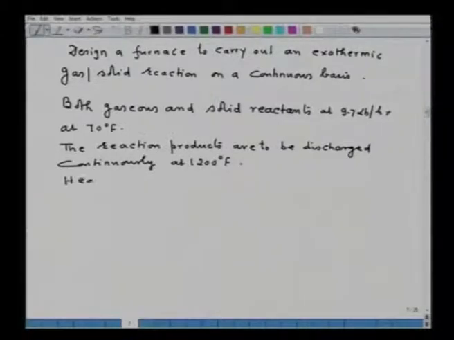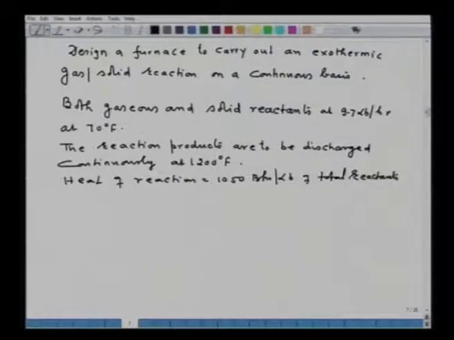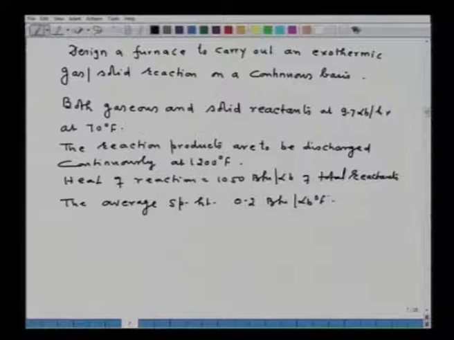Heat of reaction is equal to 1050 BTU per pound of total reactant. The average specific heat of products of combustion are 0.2 BTU per pound degree Fahrenheit.